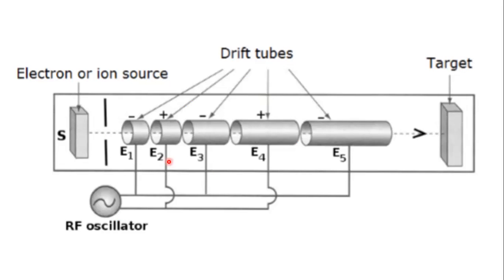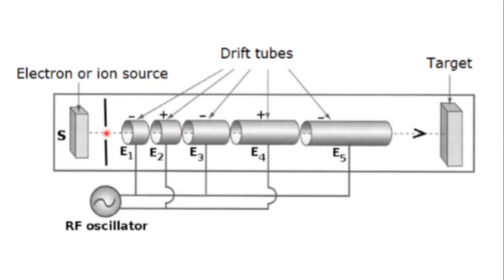Look at the length of the electrodes. The length of the electrodes goes on increasing as you move from one electrode to the next. At one end of these electrodes we have a source, and on the other end we have a target. The source will release the particle that has to be accelerated, and the particles are made to enter these electrodes.